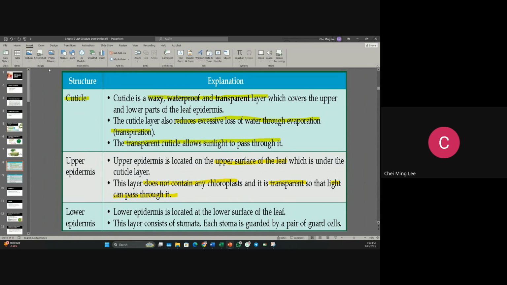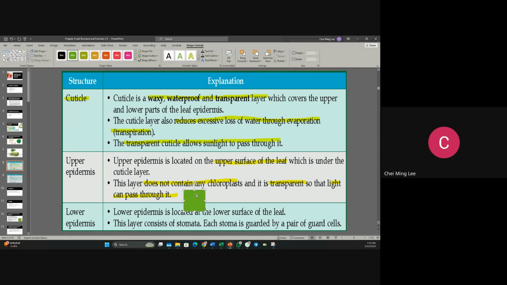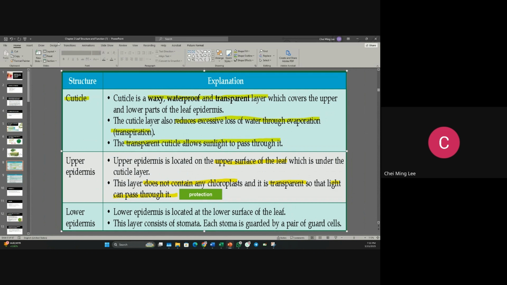It also helps for protection. It provides the protection.